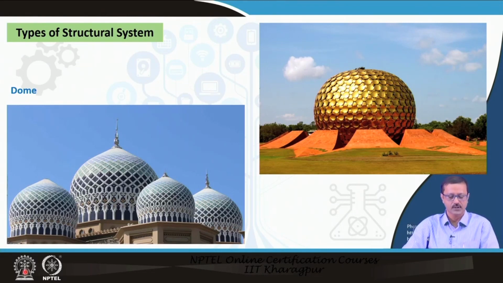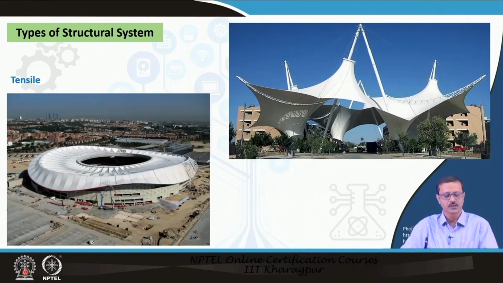The lower left corner is the Islamic dome, which is very predominant in India, or maybe in any country. The other one is the Matri Mandir in Pondicherry, where a dome is also used for that particular purpose. There are types of structural systems like tensile structures, which are very useful for stadiums or any kind of arena, a very lightweight membrane kind of structure.